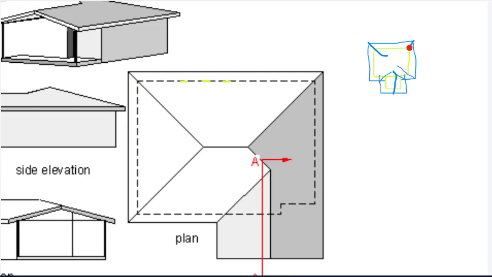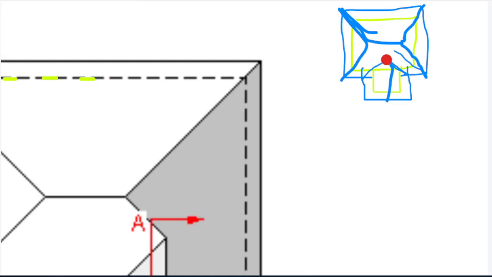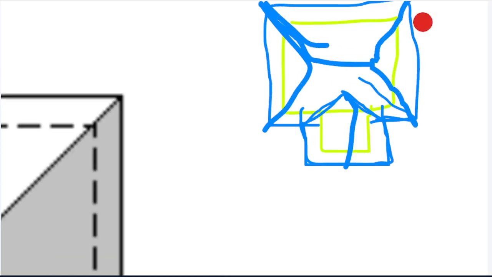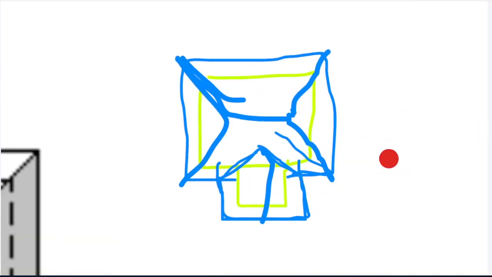45. You will be able to solve. It's impossible to draw with this pen. Okay, I hope it is understandable.